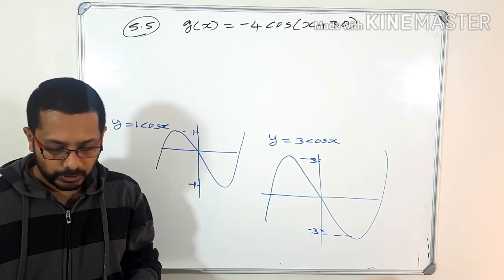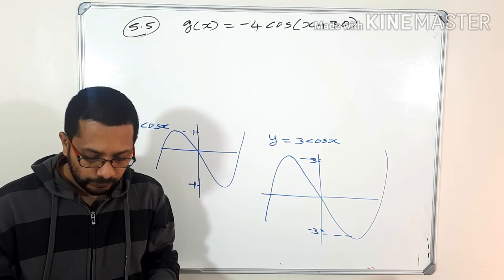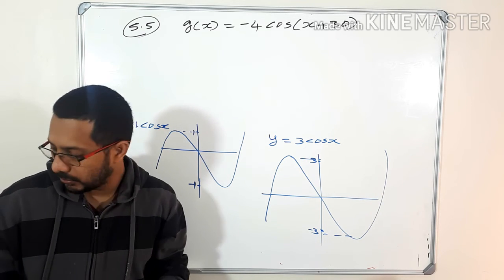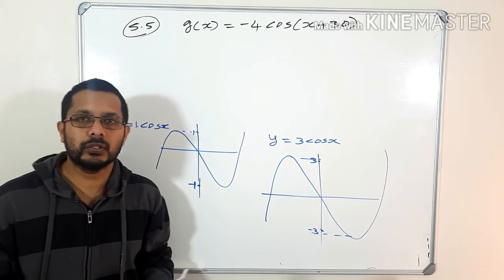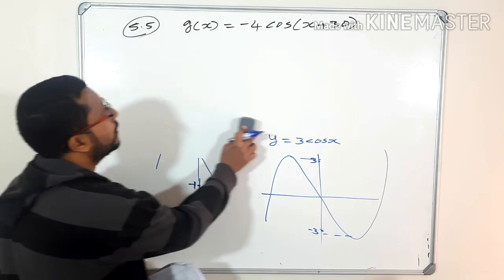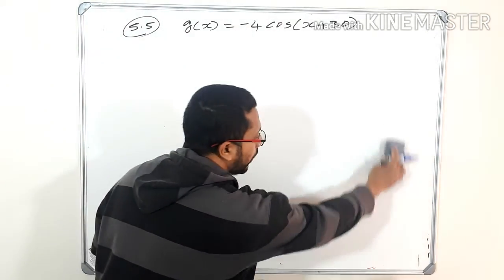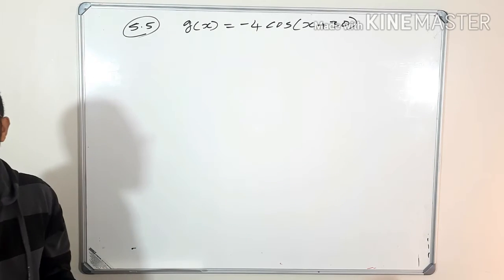Okay. Now look at the first question. Write down the maximum value of g of x. Can you say how many marks for that question? Only 1 mark. So what is the maximum value of g of x is equal to minus 4 cos x plus 30? In that one, you know that the amplitude is 4.